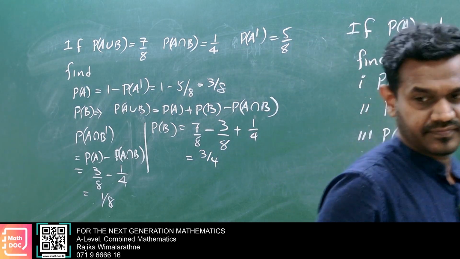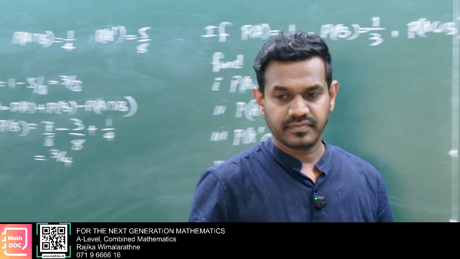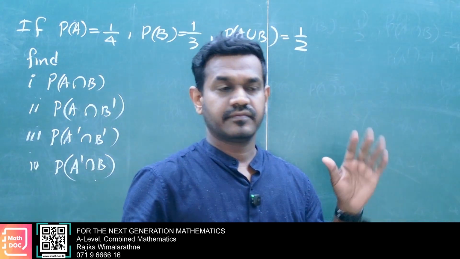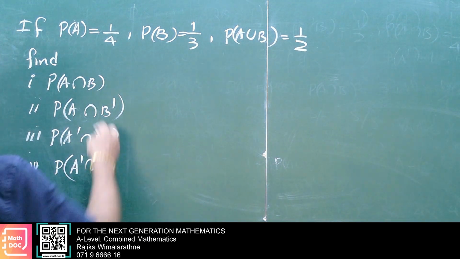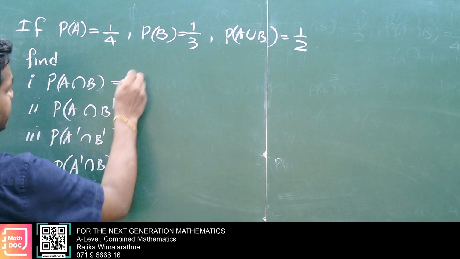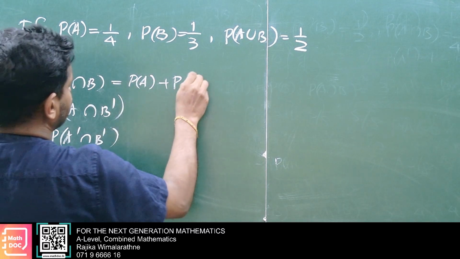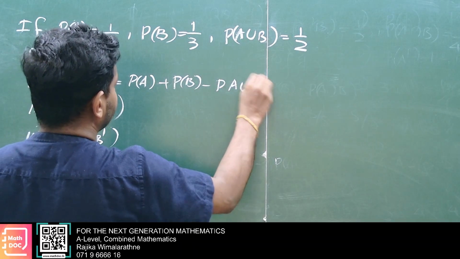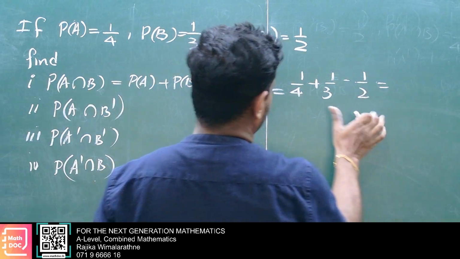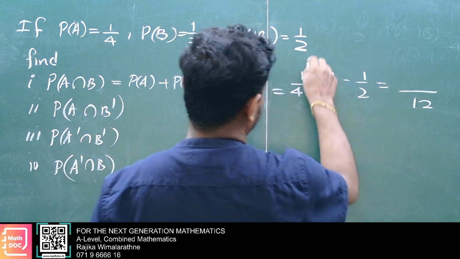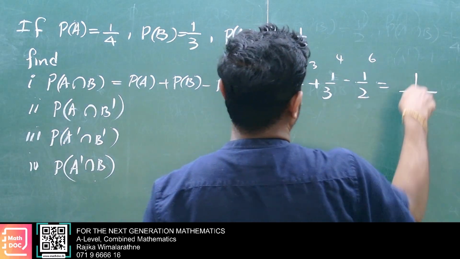Okay, do this. Here P(A intersection B) equals P(A) plus P(B) minus P(A union B), with P(A) 1/4, P(B) 1/3, and P(A union B) half. Get common denominator 12: 3, 4, 6, so 1 over 12.